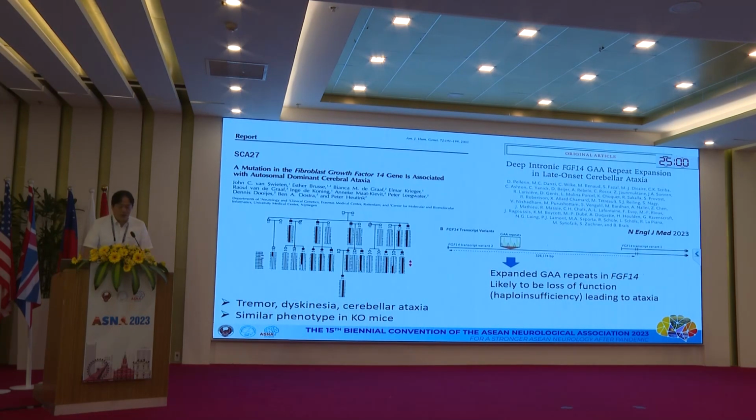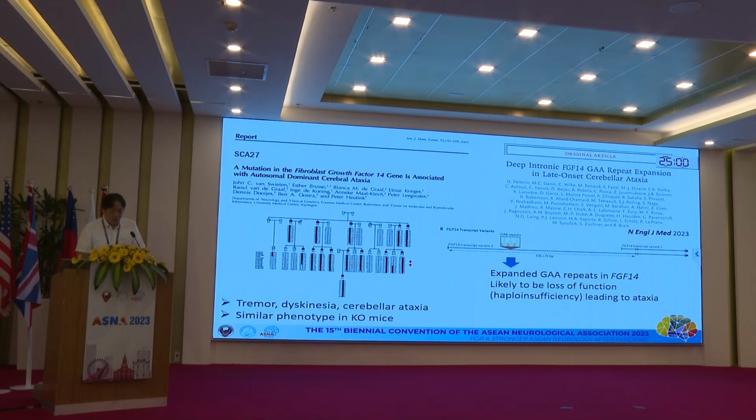This year, there have been two new repeat expansion diseases. One is ASNA2023. ASNA2023 was originally identified as a disease where nonsense or frameshift mutations in FGF14 are the cause, characterized by tremor and dyskinesia in addition to severe ataxia.